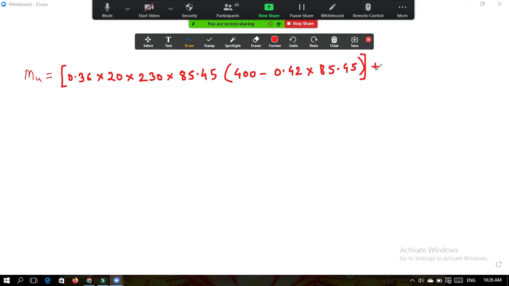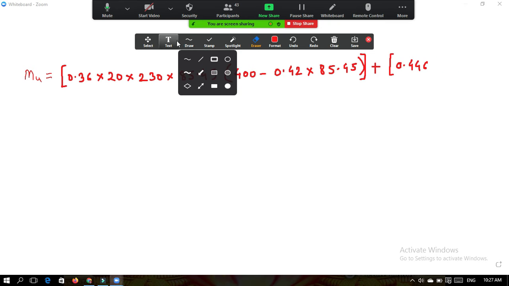Plus, here in the bracket, next is 0.446 FCK. Sorry, instead of FCK now we should put the value.